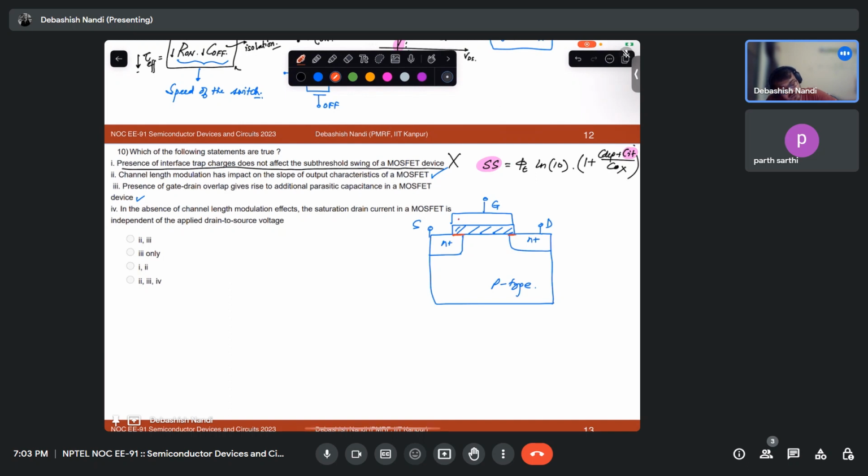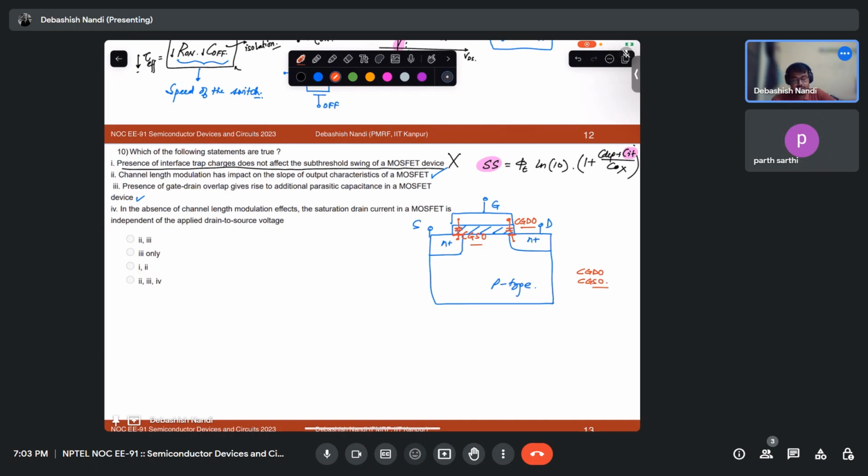This will lead to a capacitance. These are the parasitic capacitances. This is called CGSO, CGDO. These are the main parameters controlling these capacitances. CGDO and CGSO. O stands for overlap.